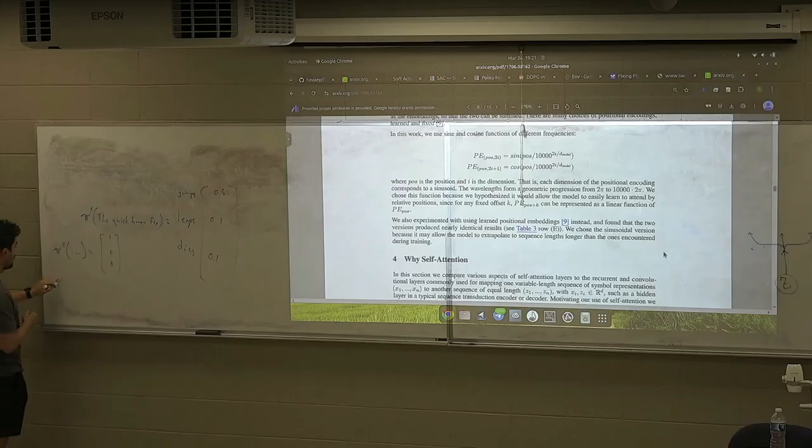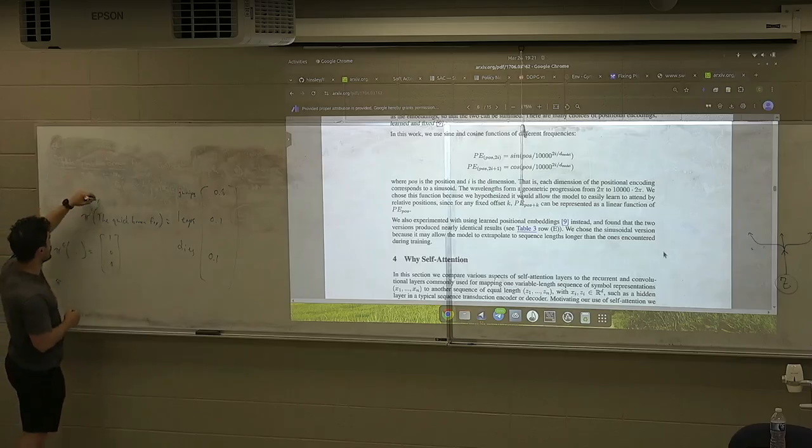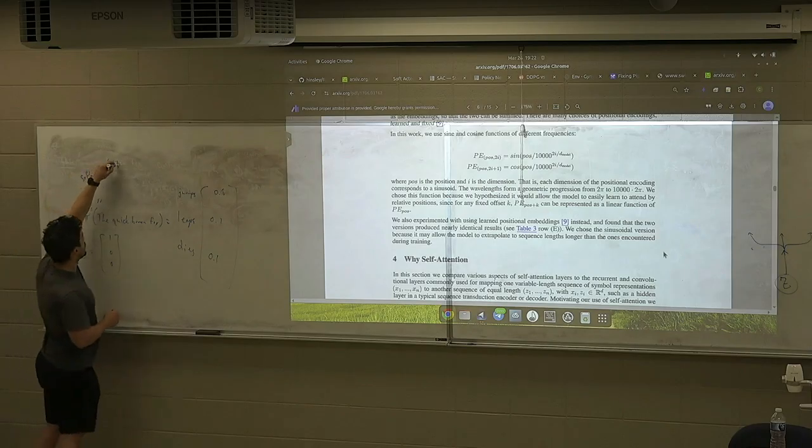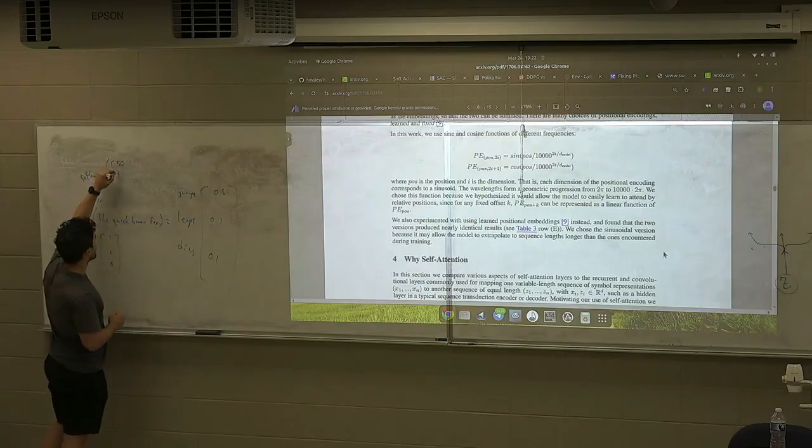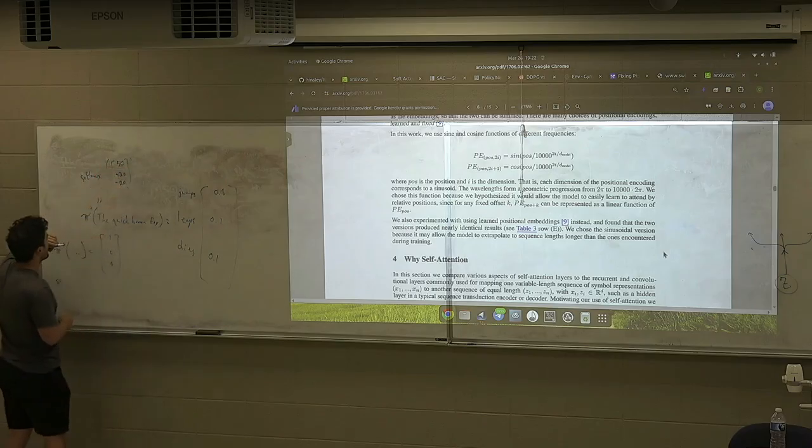So the way it works is, this is going to be a softmax of some numbers. But if you do 0, it's going to do this.